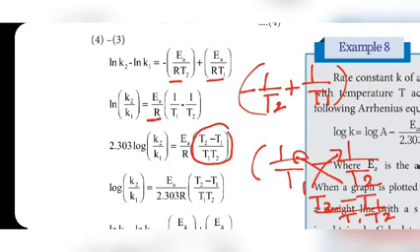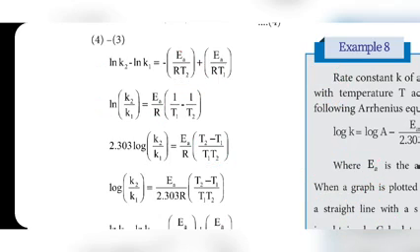So ln k2 by k1 is equal to Ea by R, taking minus Ea by R as common, minus 1 by T2 plus 1 by T1. We can write that as 1 by T1 minus 1 by T2.